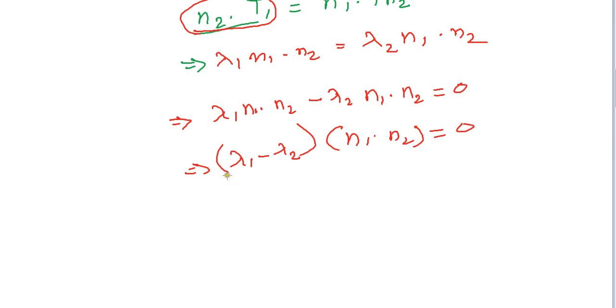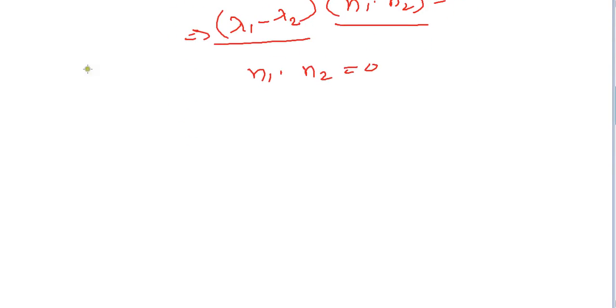So if the eigenvalues are distinct, then alpha 1 minus alpha 2 shouldn't be 0, right? So then definitely n1 dot n2 should be 0. So from the dot product definition, we know that n1 dot n2 equal to norm, that means length of n1, times norm, that means length of n2, times cos theta, and theta is the angle between them.